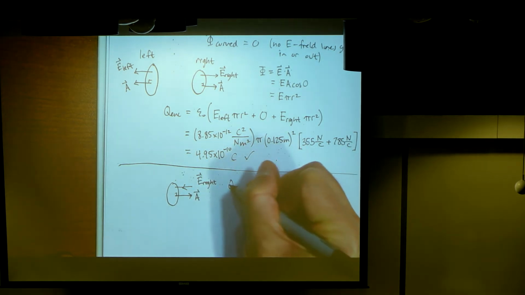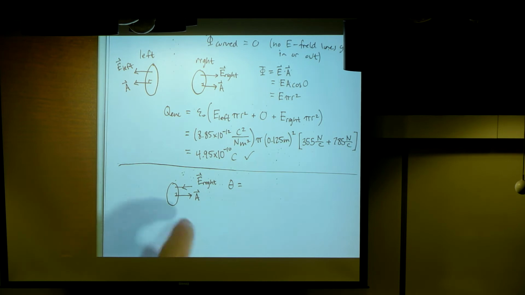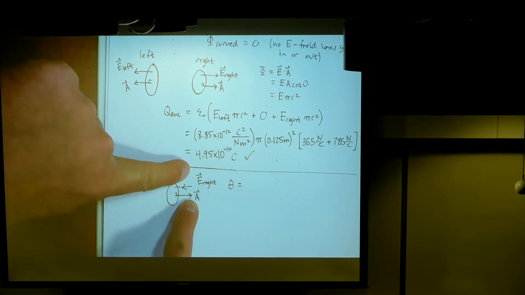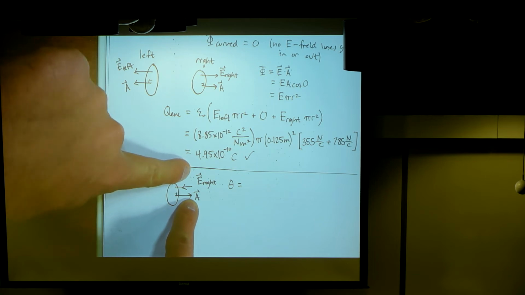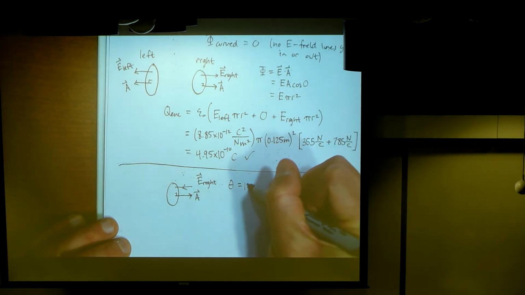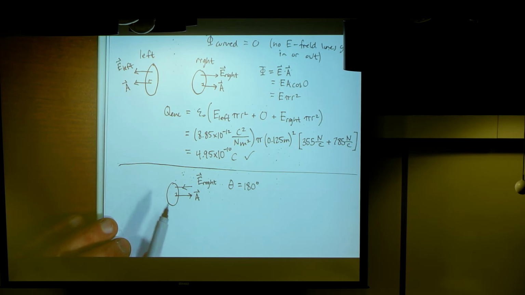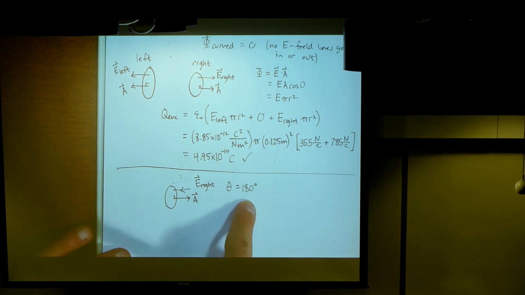Now what is the angle theta between these two vectors in this situation? It's not 0, it's 180. They're pointing in the opposite direction, so we have to consider this angle to be 180. Does that make sense? Because of that, we pick up a negative sign in the flux formula.